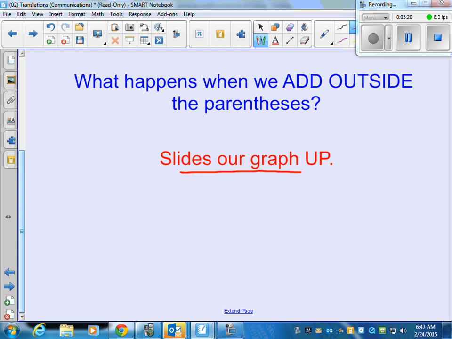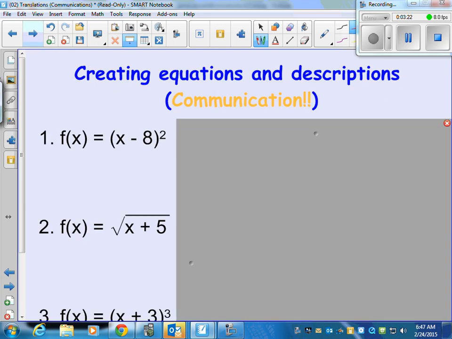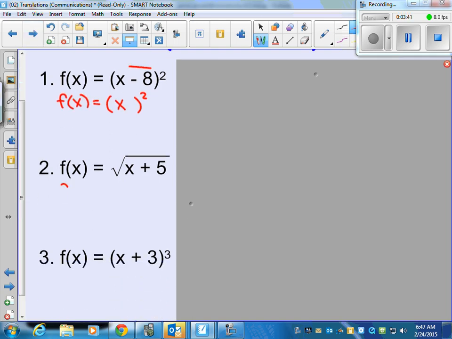Okay, now looking at the next set of operations we can have. We understand that for this first graph, the parent function f of x is x squared. We see now that the minus 8 is inside the parentheses, inside the parent function. For the second one, f of x equals the square root of x is the parent.